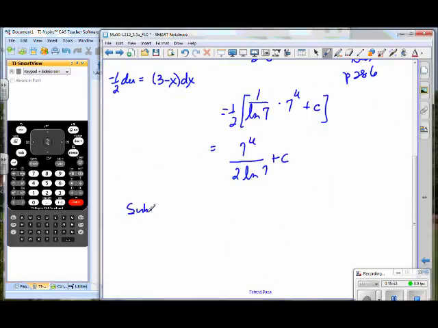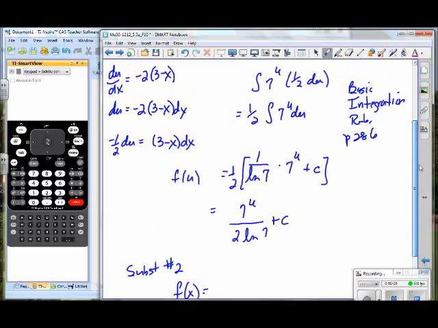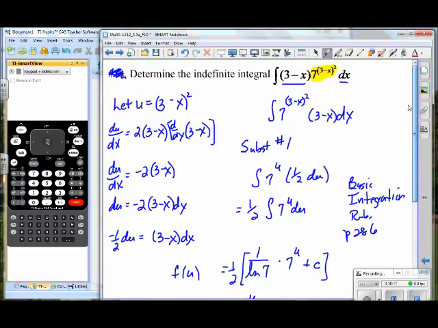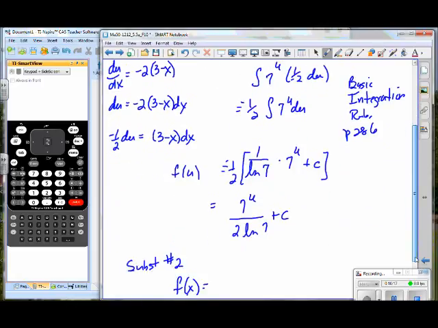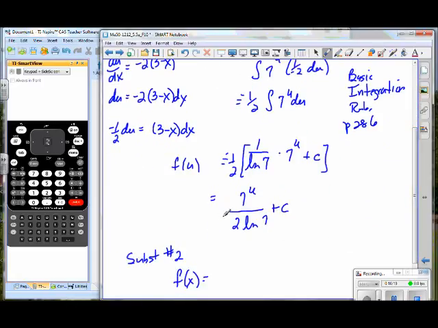And we now need to write this in terms of x. So f of x, again, this would be f of u. So f of x would be, let's see, did we drop our negative somewhere? I think we did. It should have been negative 1/2, negative 1/2, negative 1/2. This would make the fraction negative.